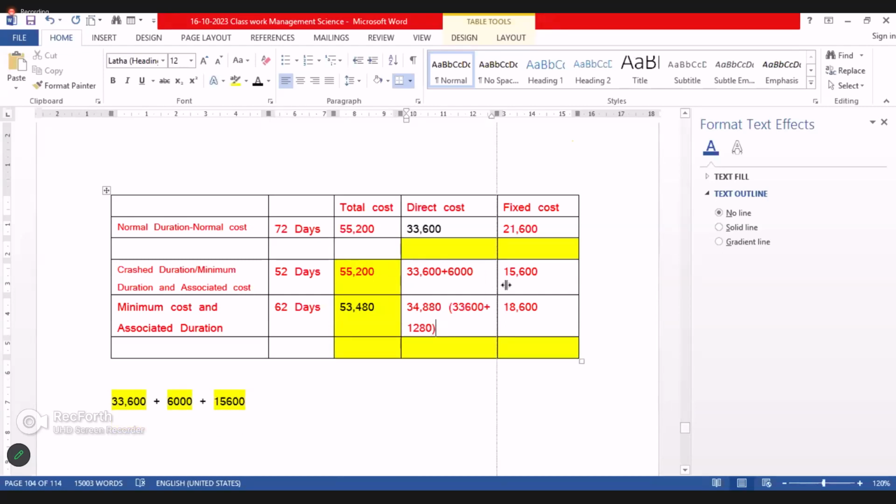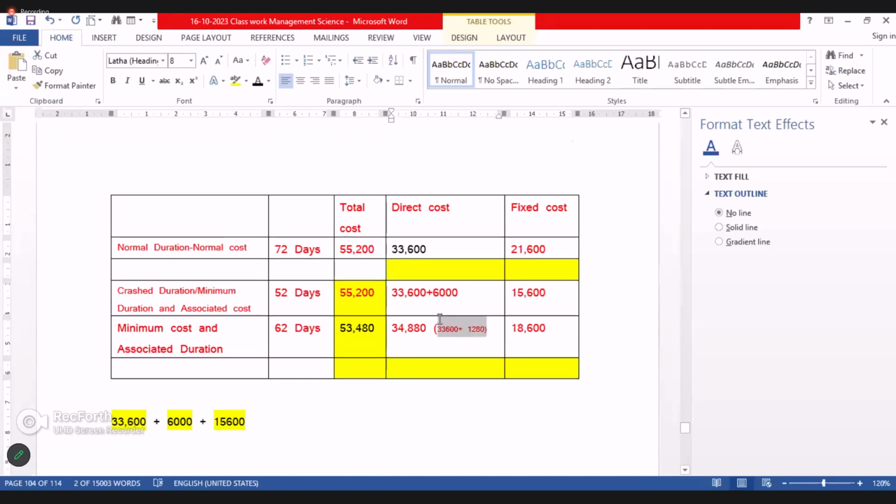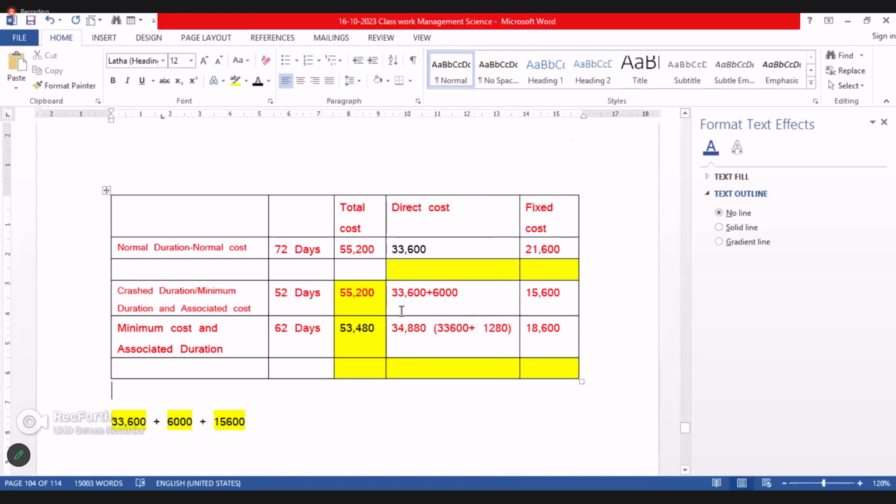This is the extra cost. Right, so the additional cost is 1,280.